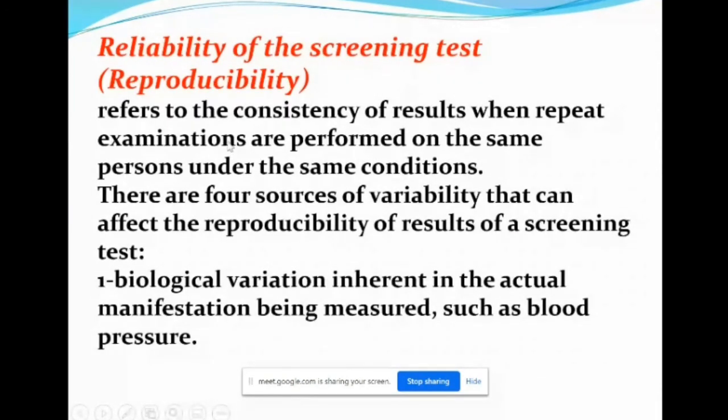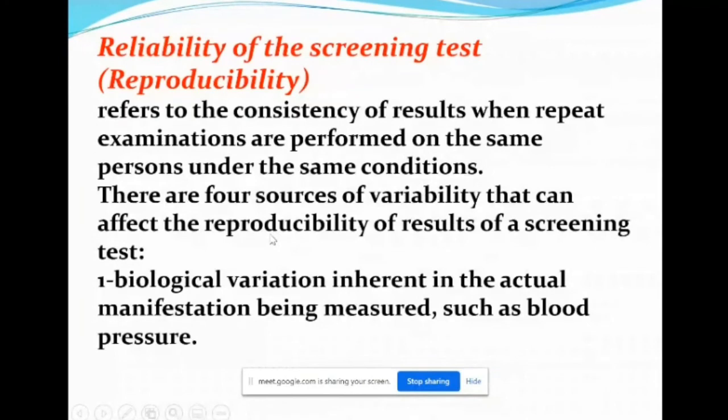Reliability of a screening test. This refers to consistency of results when repeat examinations are performed on the same persons under the same conditions. Of course, any screening test should be reliable or reproducible, which means that when we repeat this test on the same person under the same condition, we should have the same result. But sometimes there is variability in these results.